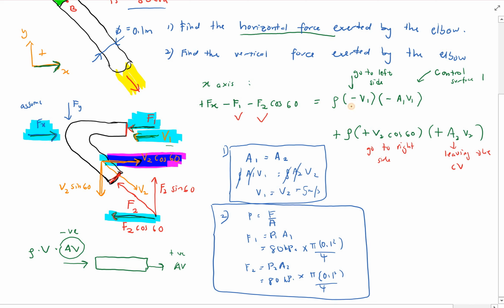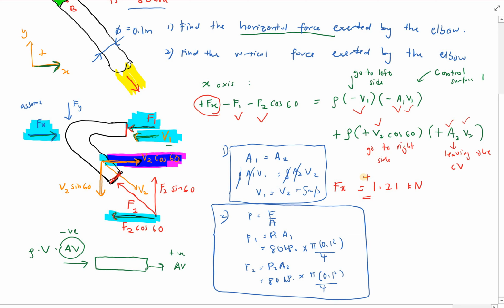V1, because it's equal to V2, done. You have A1, you have V1 here, you have V2, you have A2, you have V2. This is the one that you need to find, your Fx. Substitute all the equation, you will get 1.21 kilonewton. And the answer is in a positive sign. What does that positive sign indicate?